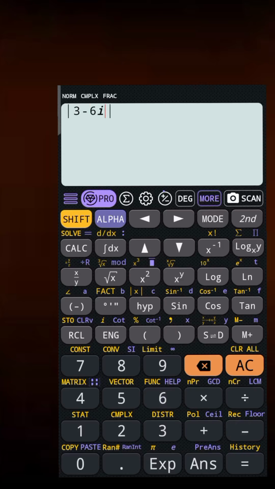3 minus 6i. I can increase the numbers, 38 minus 6i and so on. And the most beautiful thing is that the calculator gives you the value in two ways. It's because I'm using a phone calculator actually, but if you're using your normal Casio calculator or the scientific calculator, the answer will come out in short form.